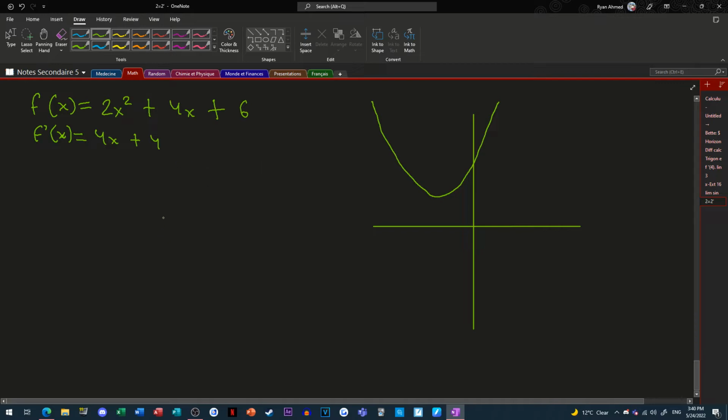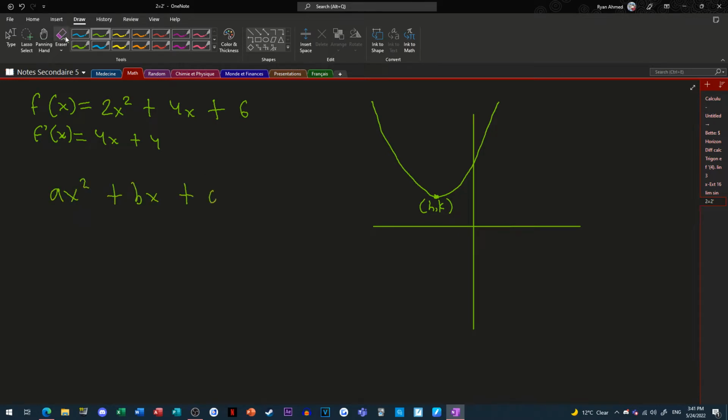Basically, say that we want to find the vertex of this parabola. So this over here, HK, right? Since we have the, honestly, I'm not so sure what you call it in English, but in French you would call it the forme générale, which is, I guess, the general form of your function, which is just ax squared plus bx plus c.